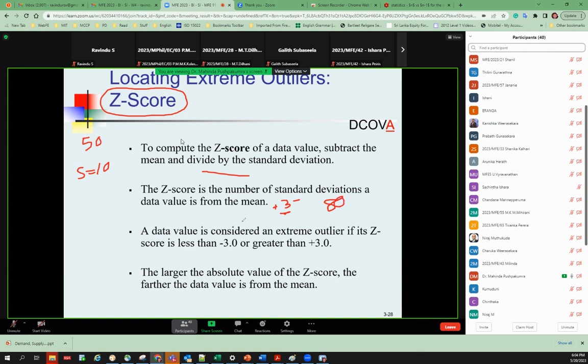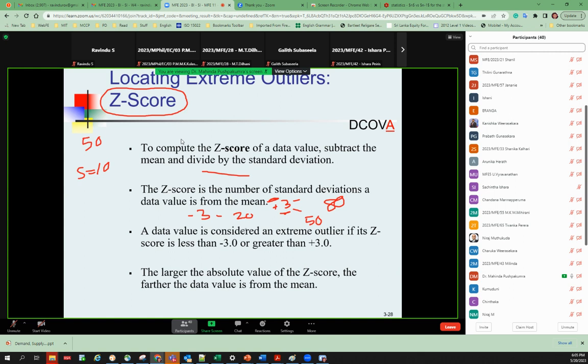It is 3 standard deviations from the mean; the standard deviation is 10, so 3 standard deviations means 30, so it is 80. If the Z score is minus 3, what is the value of X? The value of X becomes 20.